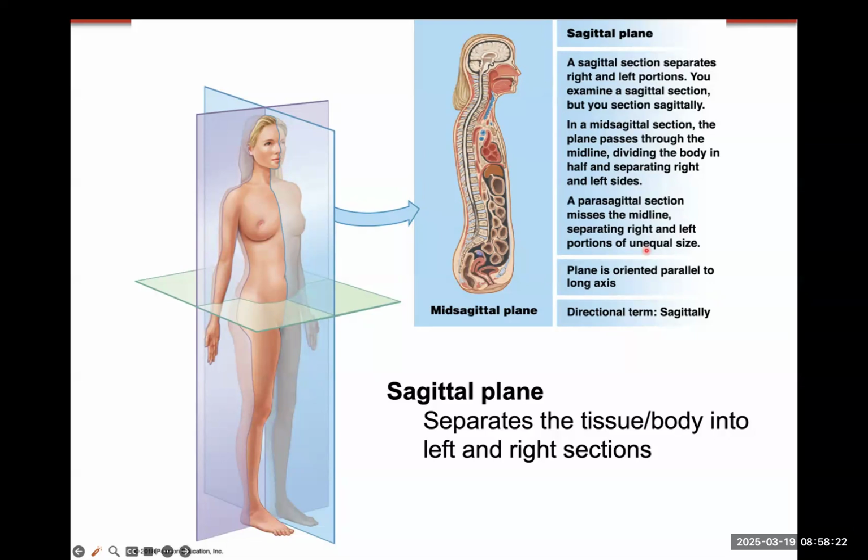So para stands for a type of parallel, or in this case, cutting between the eyes gives you mid-sagittal. But if you were to go a little bit to the side and not cut equal halves, then it's parasagittal. Maybe if you were to lop off the arm, that's parasagittal. It's just a little bit off from the midline.